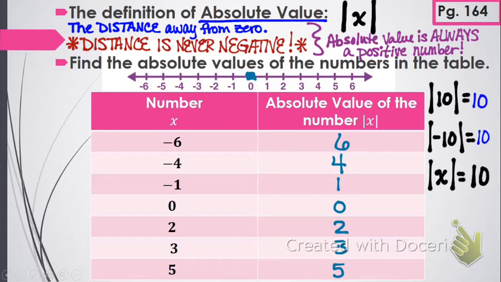For this one down here, the 10 over here is my distance. The x is the location. Absolutely correct. We could be at negative 10 or positive 10.